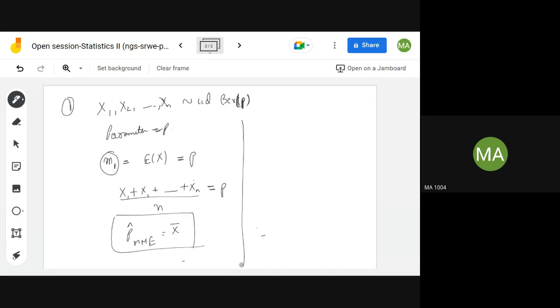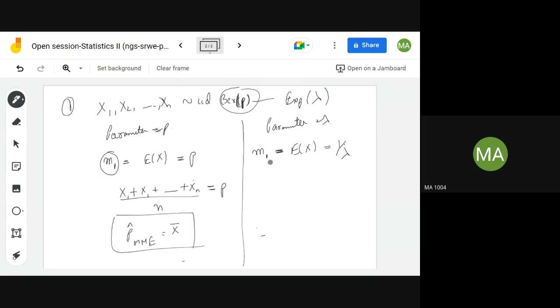Now what happens if instead of Bernoulli P, let's say I take exponential lambda? In that case the parameter is lambda. So again the first moment that you equate to the expected value, which is 1 by lambda.